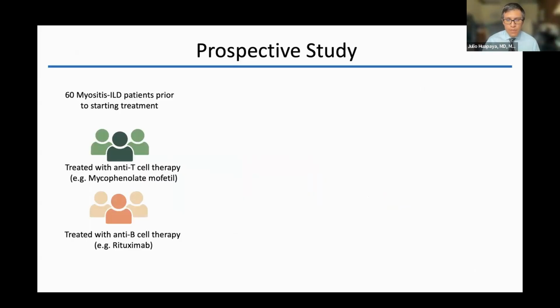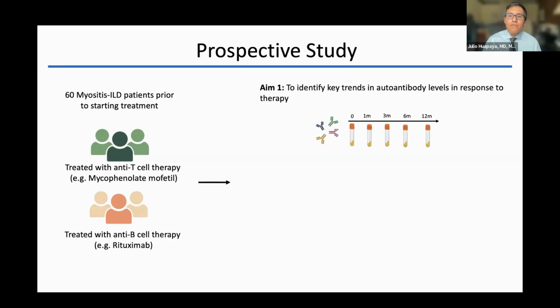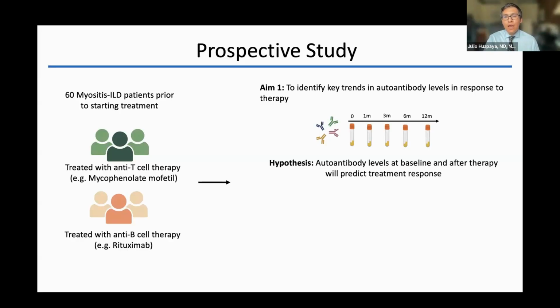And this will be open, so patients could be started on anti-T cell therapy. T cells are one of the soldiers that help your body. Or anti-B cell therapy. And so we're going to look at all these patients with the goal of identifying key trends in autoantibody levels in response to therapy. What we think is going to happen is that measuring your autoantibody level at baseline, like the purple patient I showed you, if you have super high levels of autoantibodies, that might tell us something.